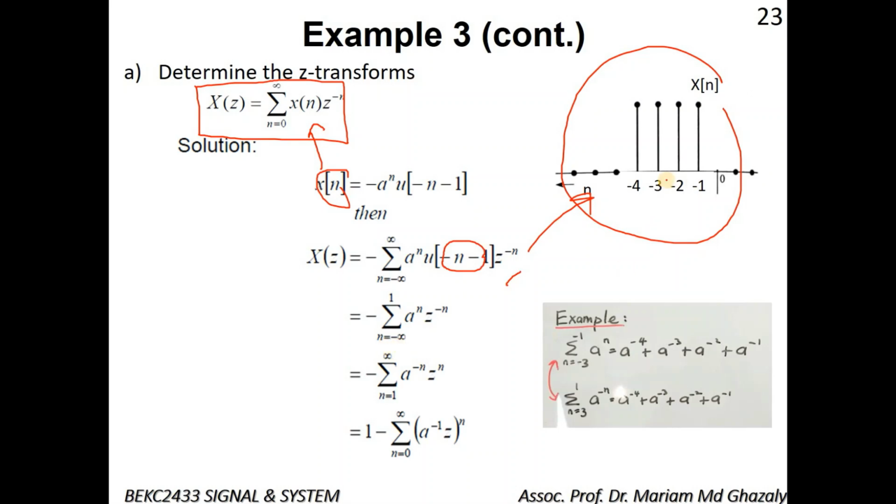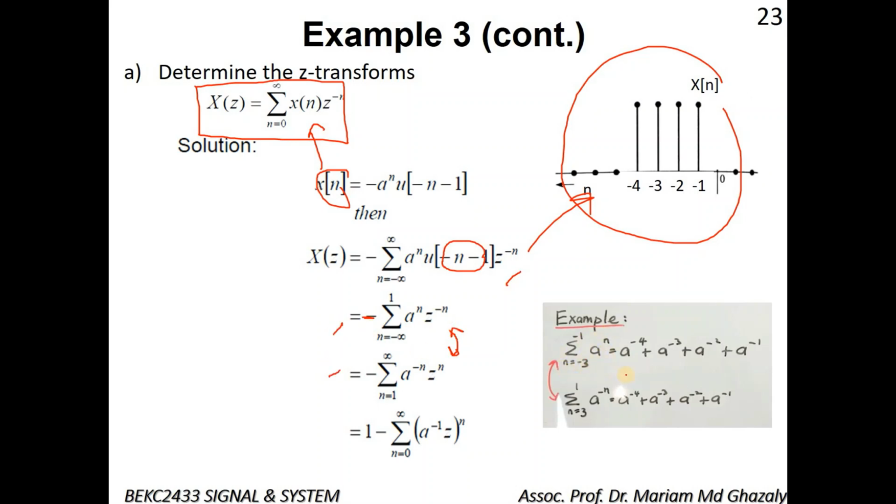You start with the value of minus 1 until minus infinity. So you have the minus part here, so you sum from minus infinity to minus 1 of a^n z^(-n).